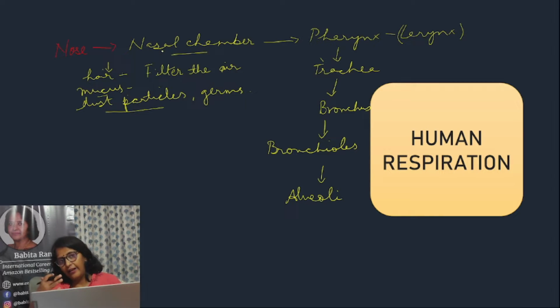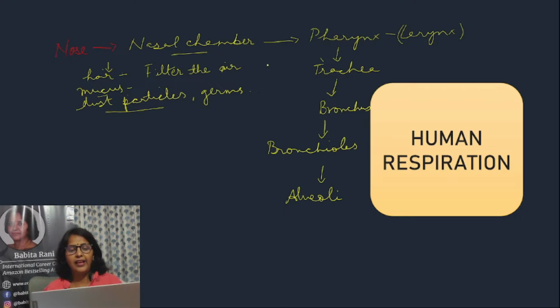So what is it trying to do? It is trying to give us pure air, so that our body is not damaged by the dust particles or germs getting inside through the air. From the nasal chamber, it goes into the pharyngeal chambers, and then it goes to the trachea.